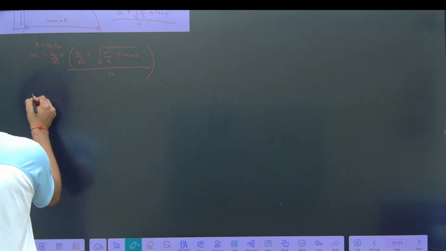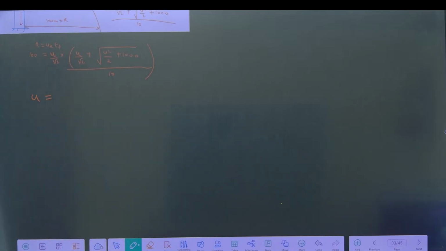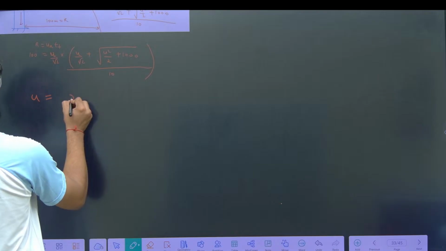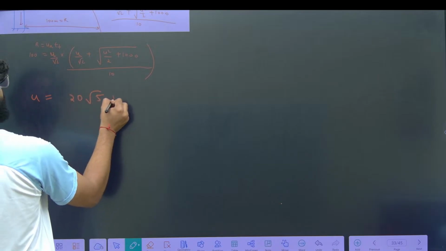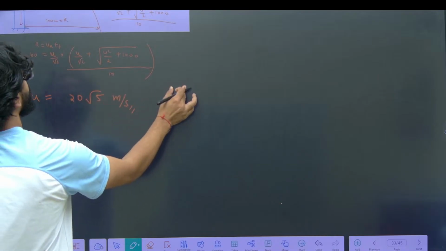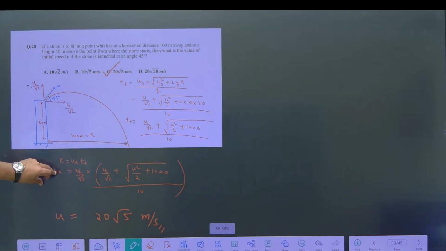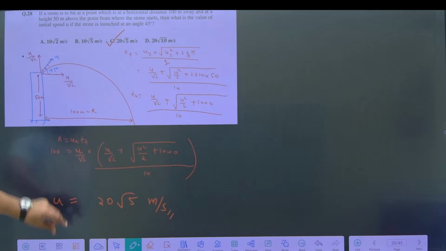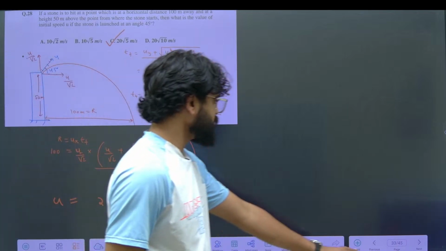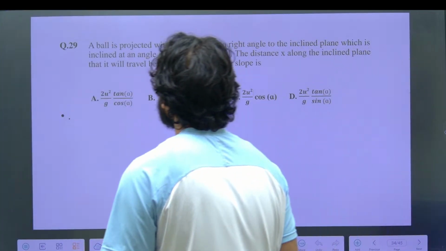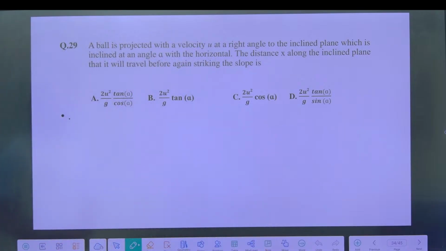It is coming out as 20√5 meters per second. Okay, let's go. Okay, inclined.